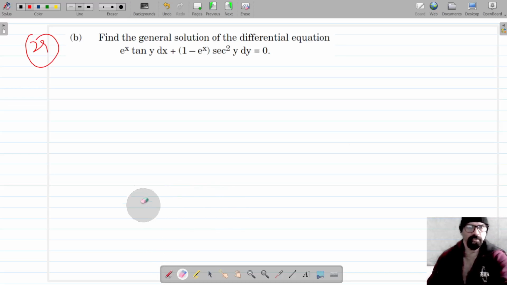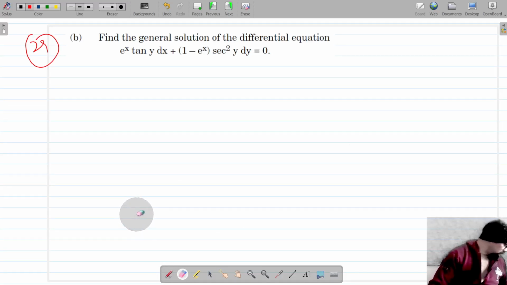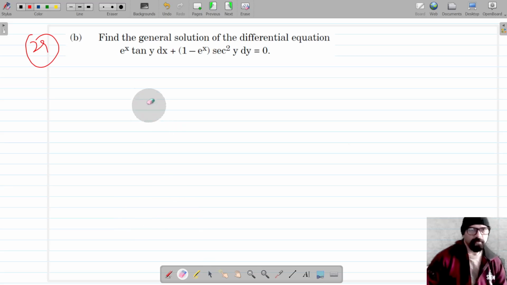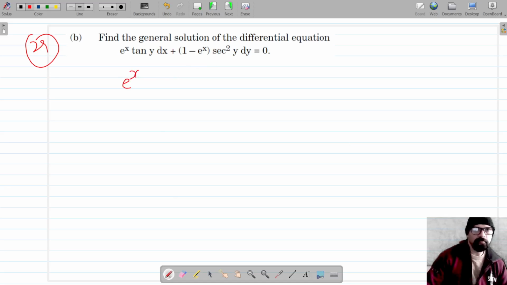Here for question number 29's part B, we have to find the general solution of the differential equation, and the differential equation is e raised power x into tan y. So let me see if we can separate the variables.